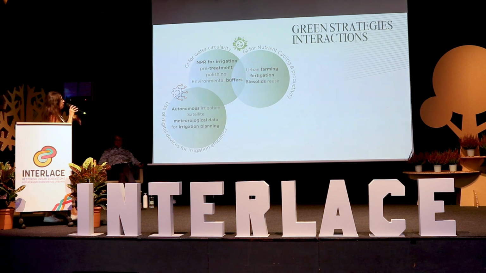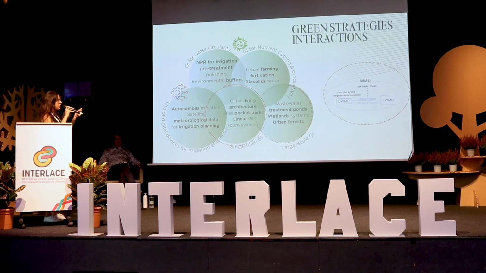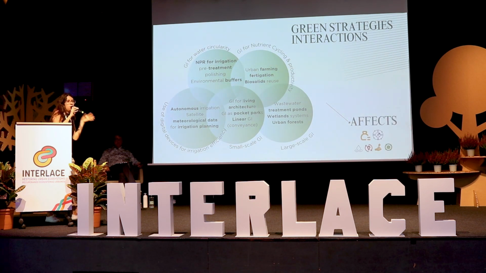Regarding the interactions of green infrastructure and circularity, we can have water reuse for green infrastructure, like non-potable reuse for irrigation, and the use of green infrastructure for treatment as pre-treatment and polishing steps for farming, fertigation and biosolids in nutrient cycling, efficient irrigation using digital devices, and the scale, with small-scale structures and large-scale structures distributed in the city, considering local variables and city variables.